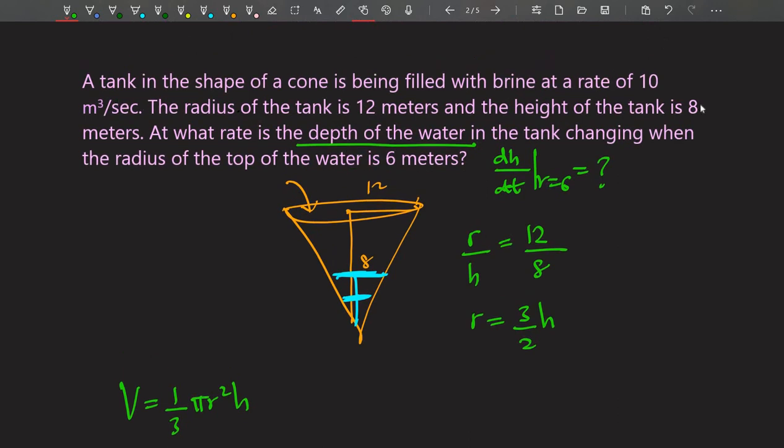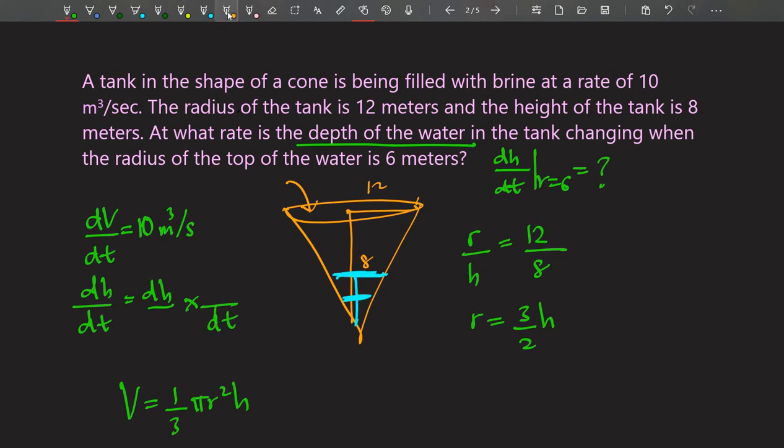Why do I use V? Let's look at this first. The given value to us is dV over dt, which is equal to 10 meter cube per second, and we want to find dH over dt. That means here we need dH over something times something over dt.